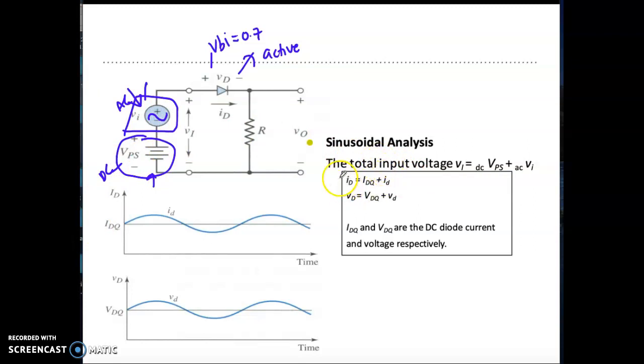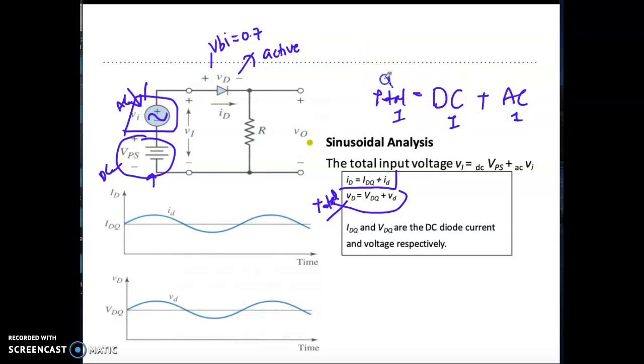If you recall back the first chapter, you have this equation. Small and capital letter here, what we call total. Total current or total voltage at the diode will be equal to the DC current plus AC current. How do you denote total current?